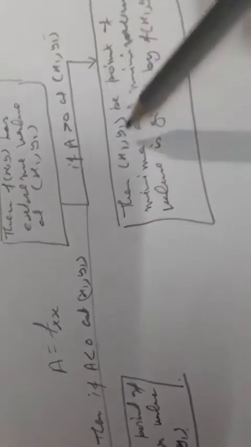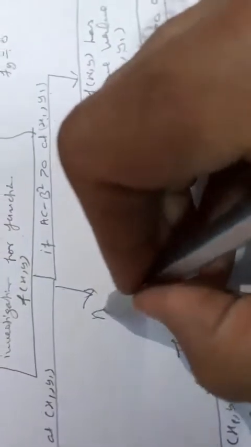And if a is greater than 0, then the function has a minimum value, and the minimum value of the function is given by substituting this point in the function. And there is one more case. If ac minus b square is equal to 0, then the case fails and requires further investigation.